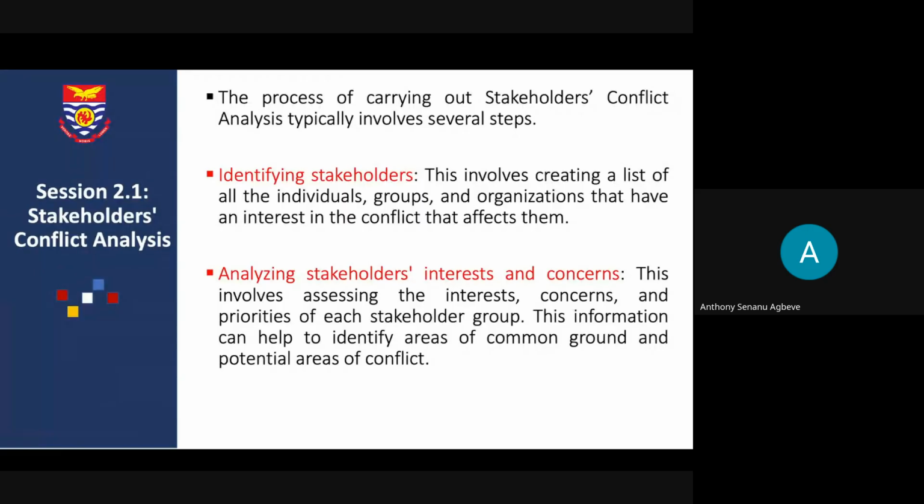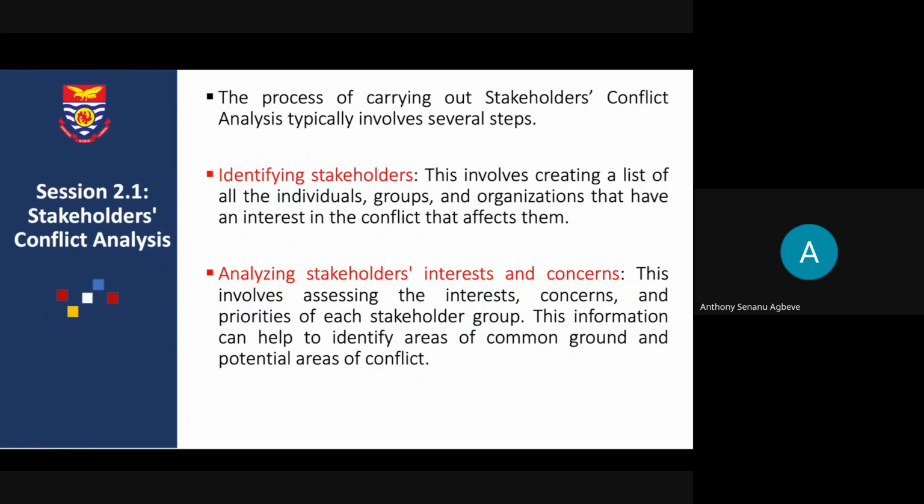They have a concern. So you need to note all these interests and concerns down, right? The essence of taking down this information is to help you identify common areas and then areas of conflict, right?